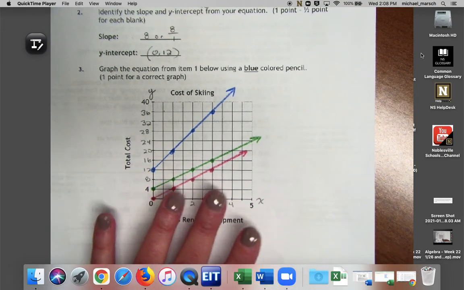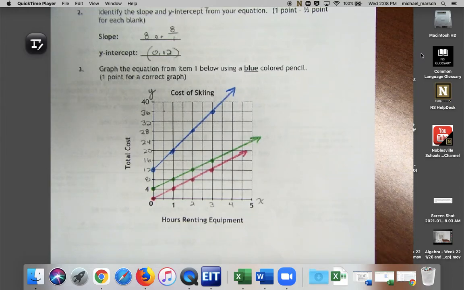I know mine doesn't look perfectly parallel, but it should be. If you would have gone one more, it would have been. Maybe.